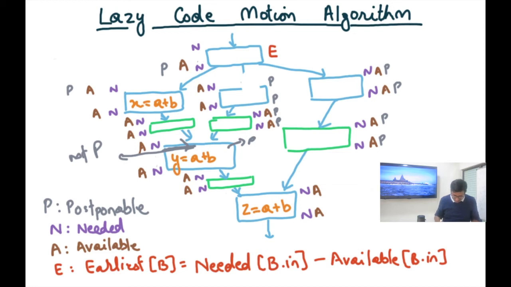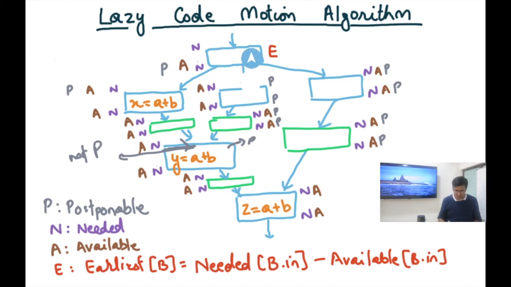Similarly, if I look at this program path here, a plus b is postponable, but here it's not postponable because on this program path it's not, even though on this one it is. We are going to take an intersection here because I want it to be postponable on all the incoming program paths.